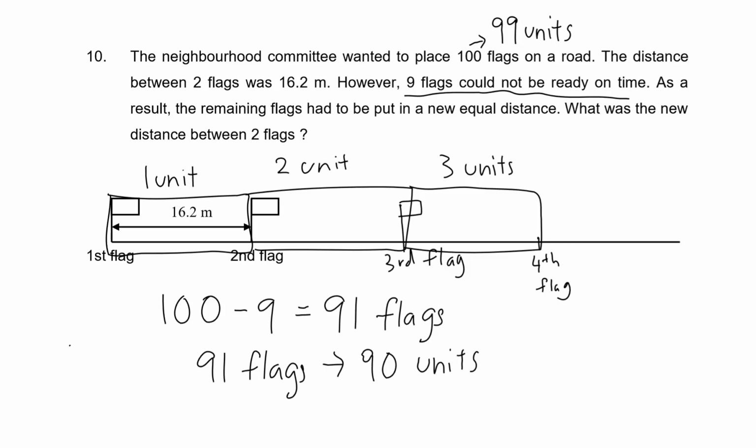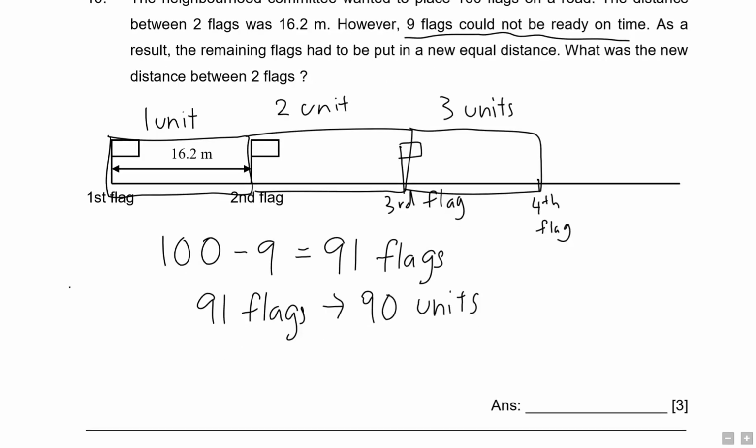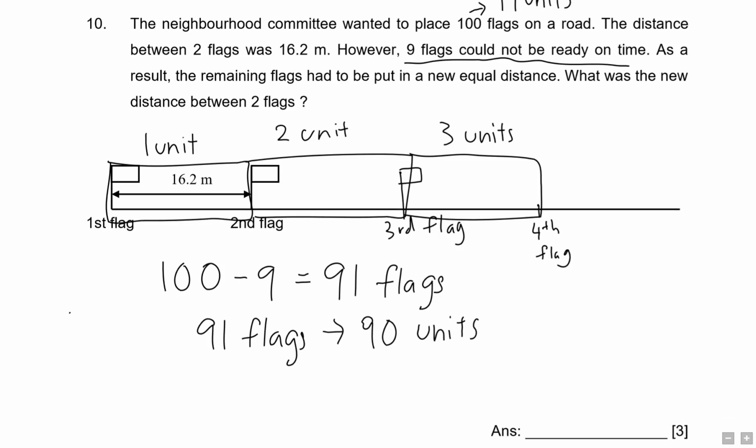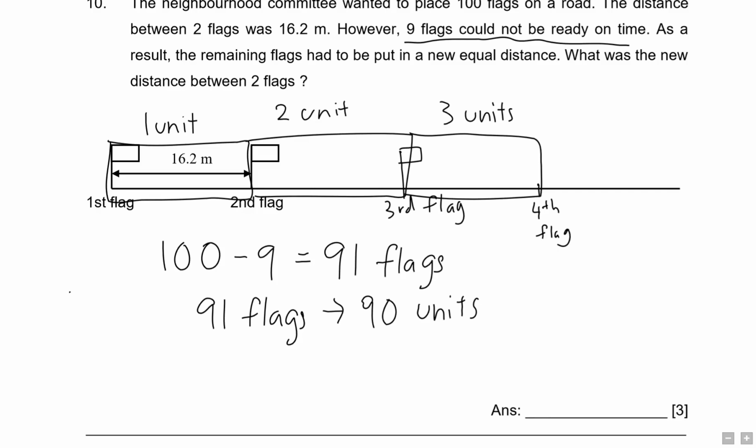We don't know. But one thing that we know is that 1 unit is made up of 16.2 meters. How far is the whole entire road? We don't know. Okay, there are supposed to be 100 flags and altogether 99 units. So this 99 units makes up the whole road distance.